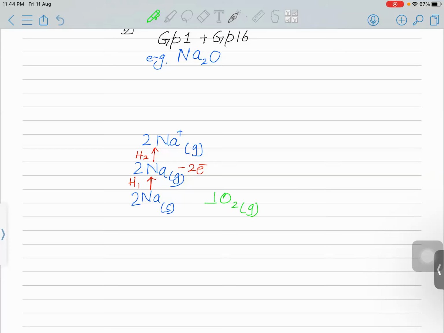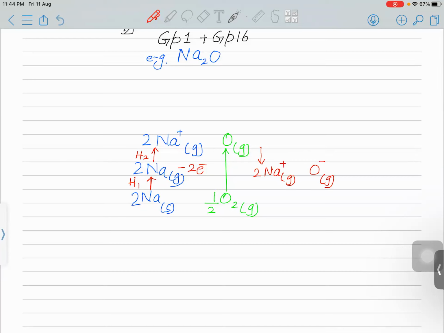Very good, because 1 oxygen is required. 1 oxygen gaseous. Then it gains the electron, so it becomes O minus gaseous, along with 2 Na positive, because of the electron affinity of oxygen.